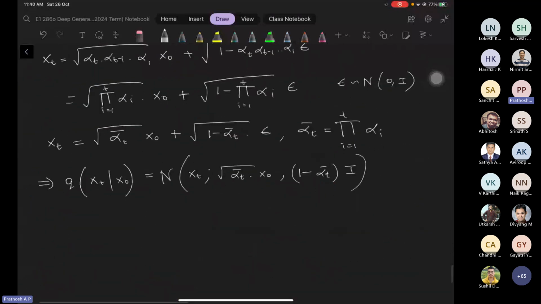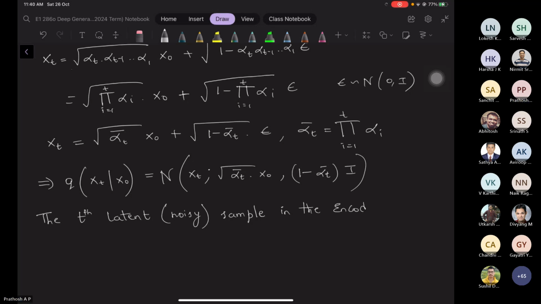See, this actually means that the tth latent sample, which is also the tth noisy sample in the forward, the encoding or the forward process, can be obtained in one step.